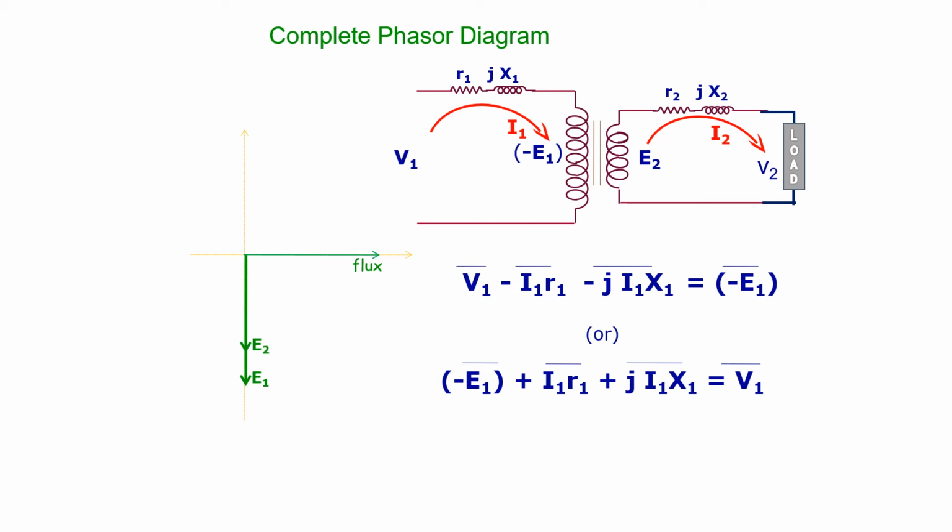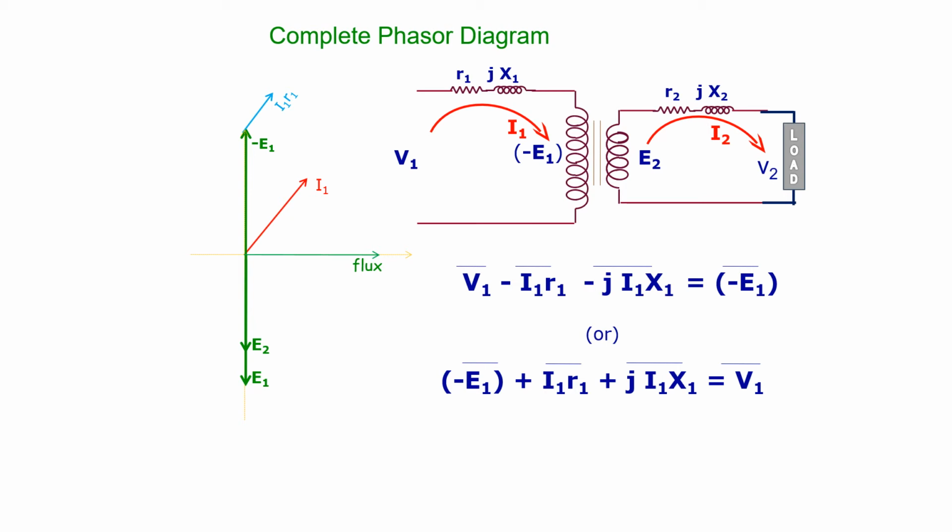We know E1, E2 lag by 90 degrees. Minus E1 phasor is opposite to E1. This is the input current I1. Now to the minus E1 phasor, we will add the resistance drop and then the reactance drop. I1 R1 phasor is added to minus E1.